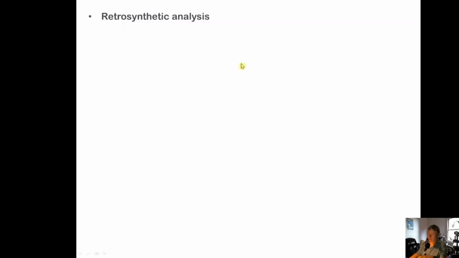Okay, so retrosynthetic analysis basically means that we're going to break down the final molecule into its key starting materials, and then the forward synthesis, the actual synthesis that they use, will be going forward from those small molecule pieces.